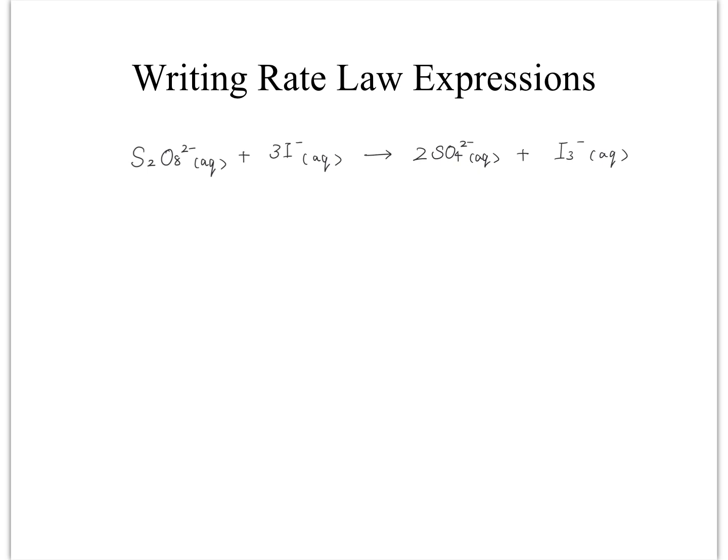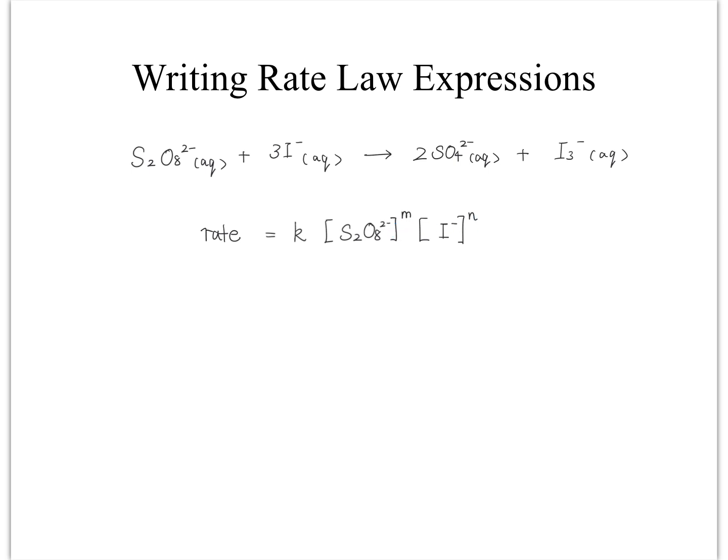Now we are going to write the rate law out. So the rate law for this reaction: rate equals k, and we have 2 reactants. The first one is S2O8 2-, to the power of what? m, because I don't know what order. And then the other reactant, iodide, to the power of n. I want you to pay attention that m and n are not defined.